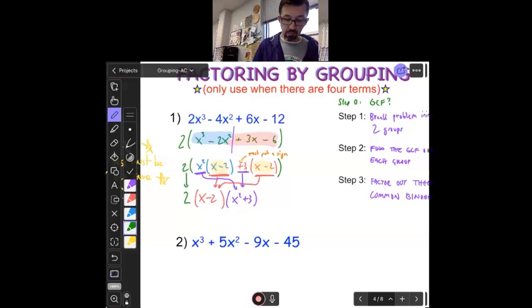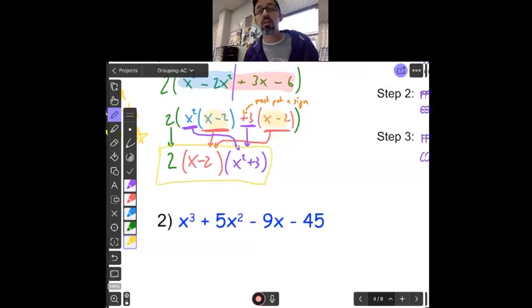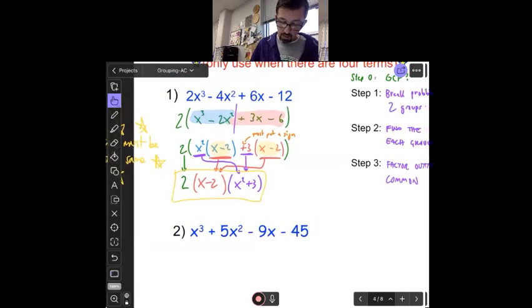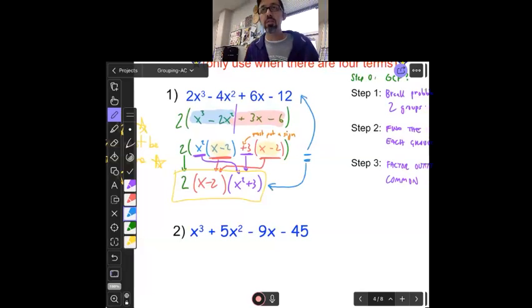Okay. So this is the factorization of what we started with. If I multiplied all this back together, we would get right back to where we started. That's kind of a big thing. These two things have to be equal to each other. They're just different ways of writing the same thing.